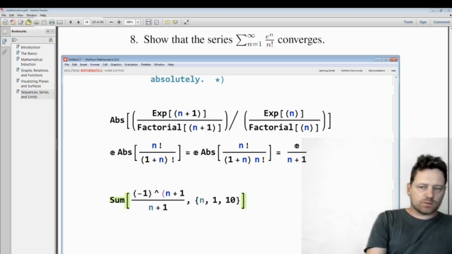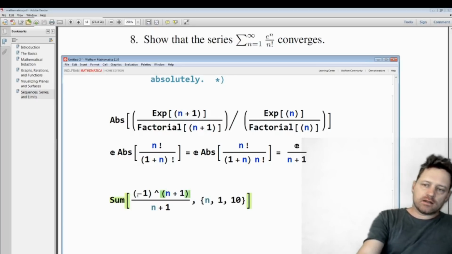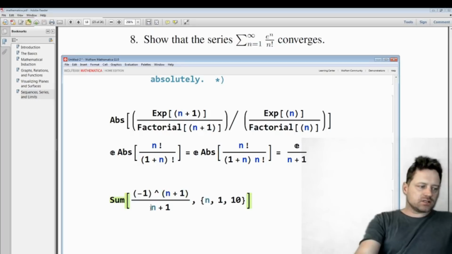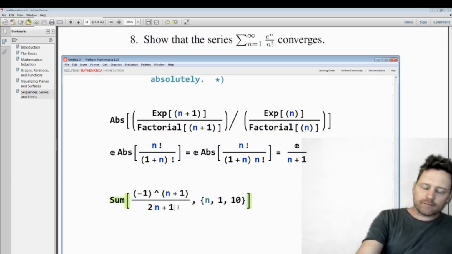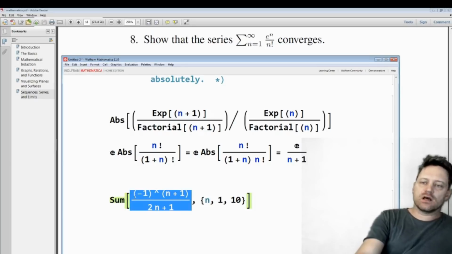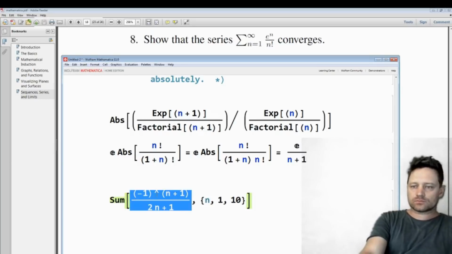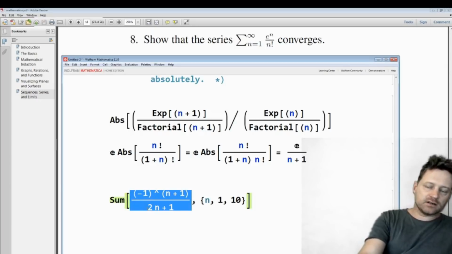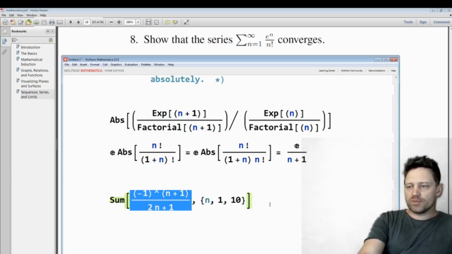Then in the denominator, I want 2n plus 1. So the terms of this series are alternating in sign, and the denominators are the odd numbers from 1 on up.